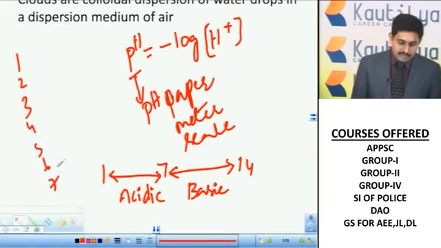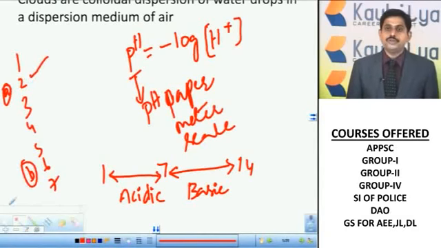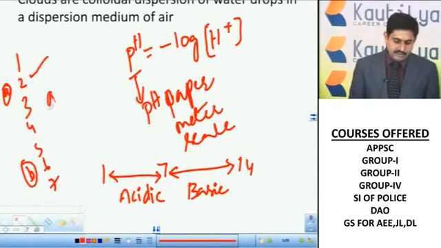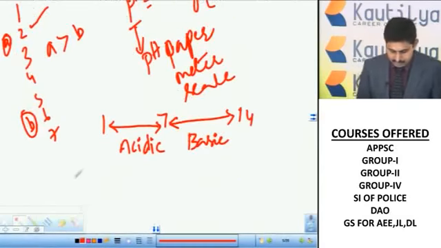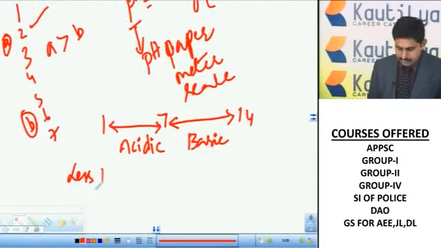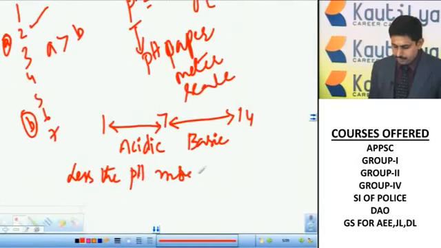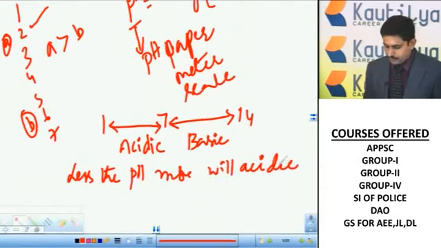Say for example, solution A has pH 2 and solution B has pH 6. Which one is more acidic? A is more acidic than B, right? So the lesser the pH, the more acidic the character.